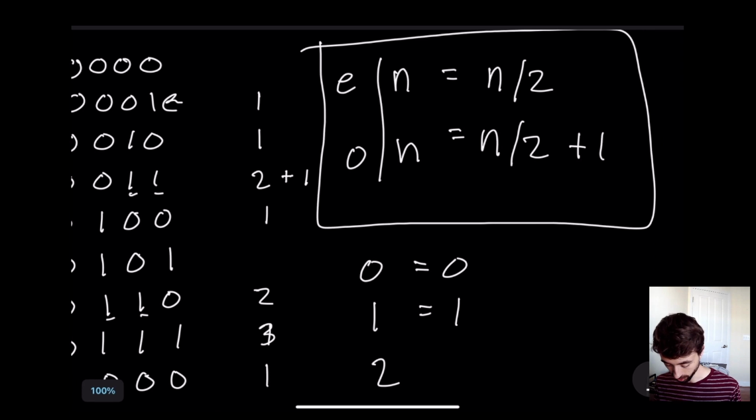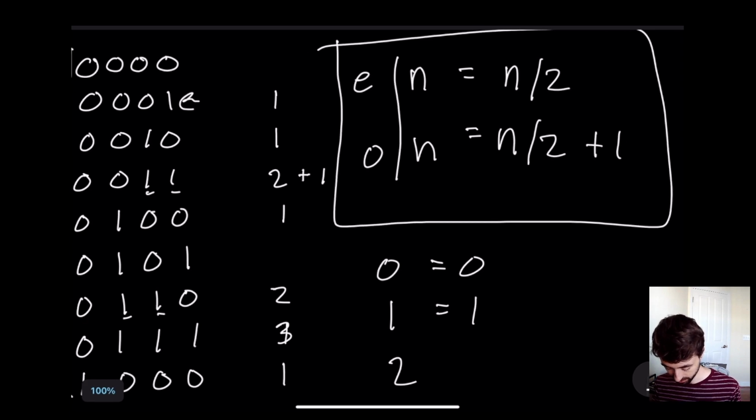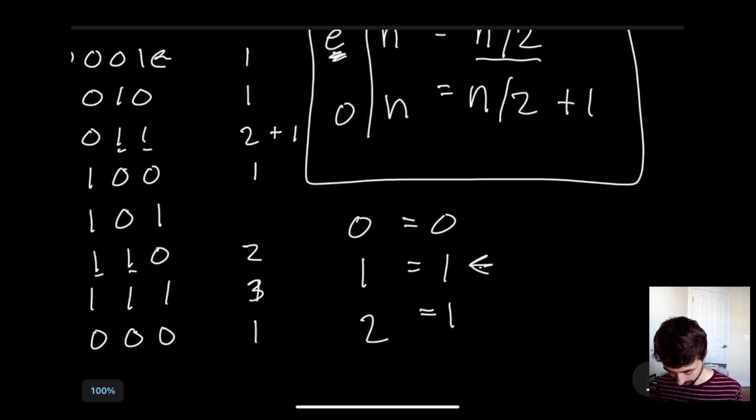But using our little formula, we can say, okay, 2 is even, so the number of 1s in the binary number 2 is equal to the number of 1s in the binary number 1. Well, we already have that. We already calculated that right here. So we know that this one is 1.